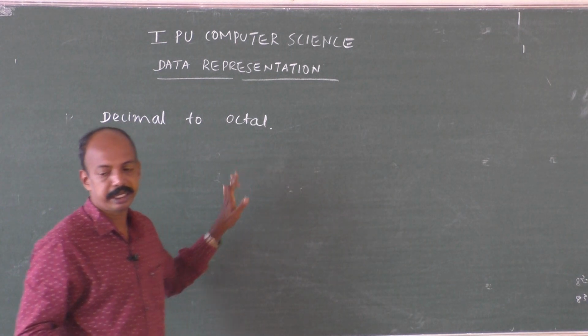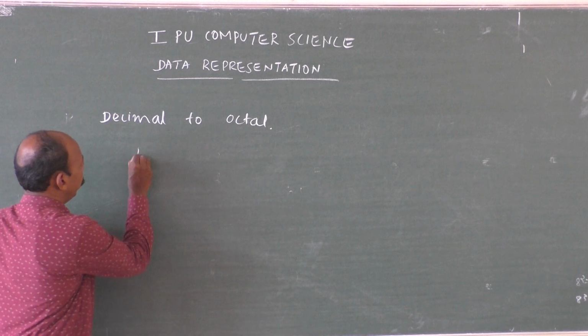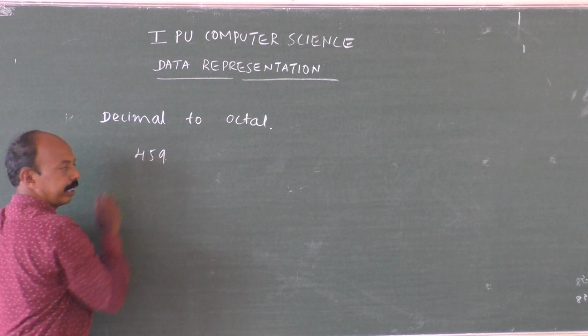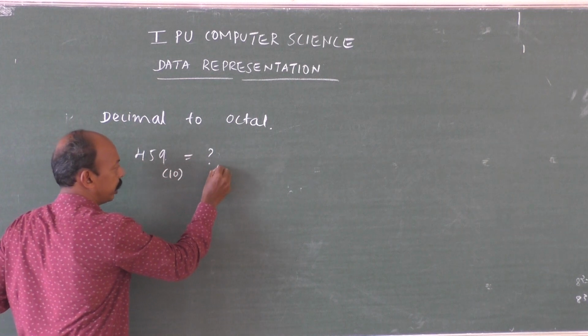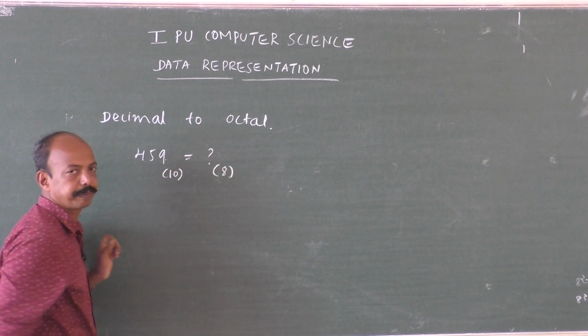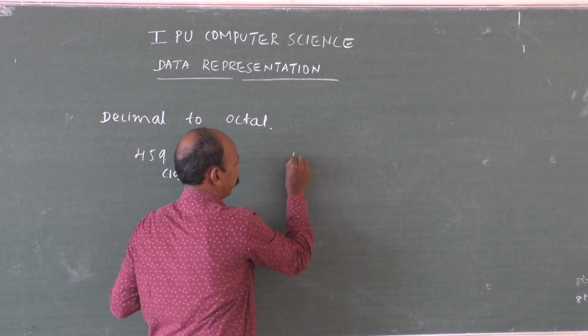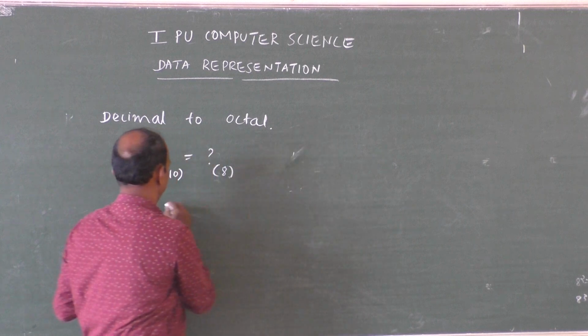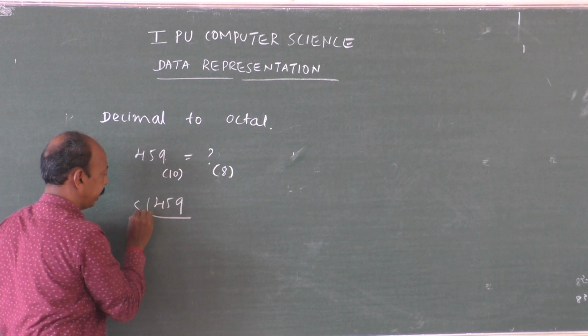One example we shall see. 459 to the base 10 is how much to the base 8? What we need to do? 459 divided by 8.